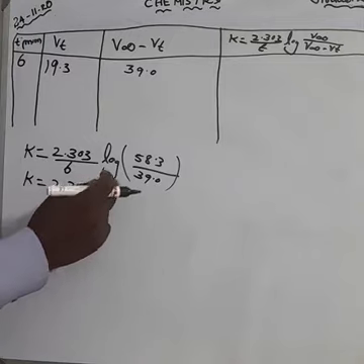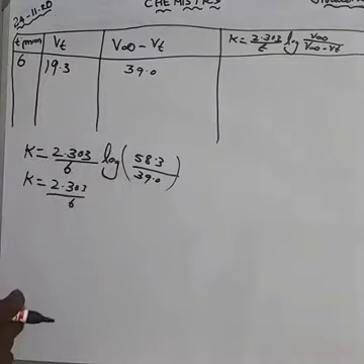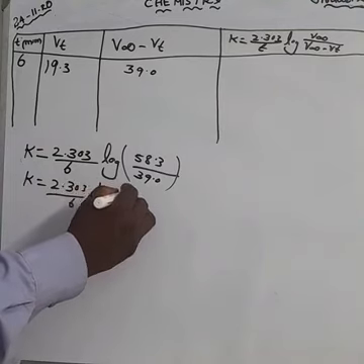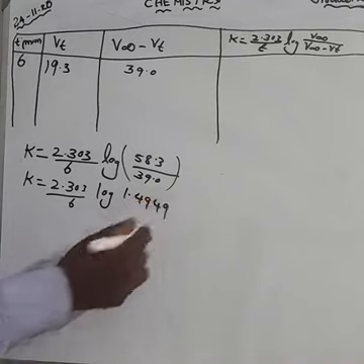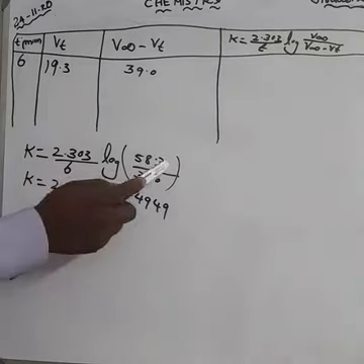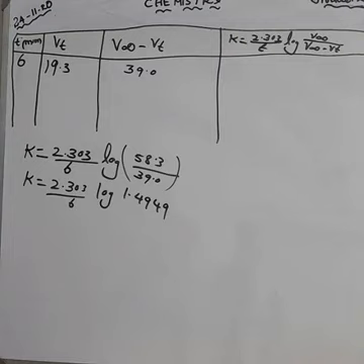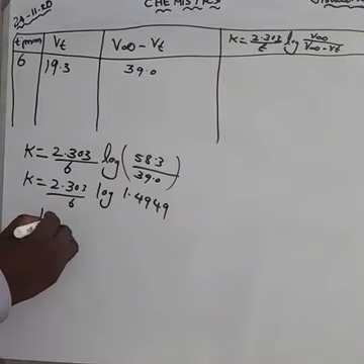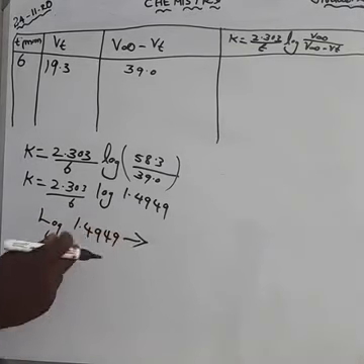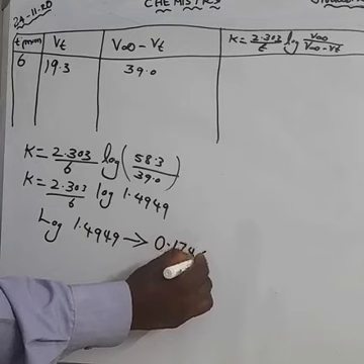2.303 divided by 6, log of 58.3 divided by 39. When we divide 58.3 by 39, we get 1.4949. That's the value. Then log of 1.4949 is equal to 0.1746.